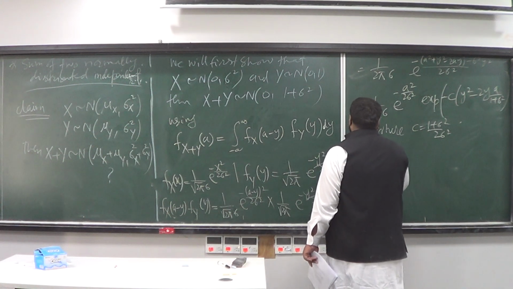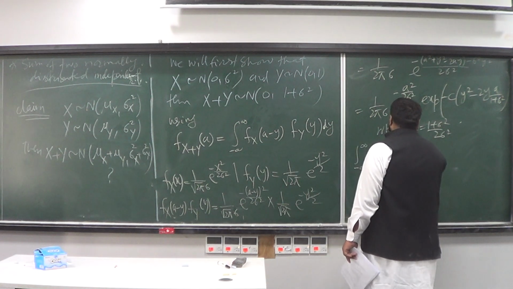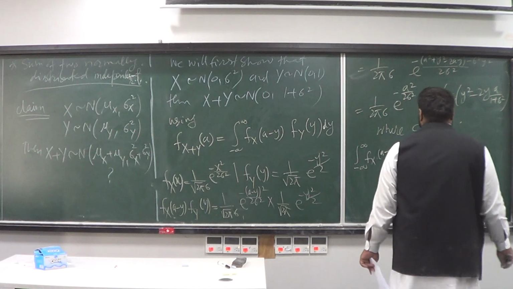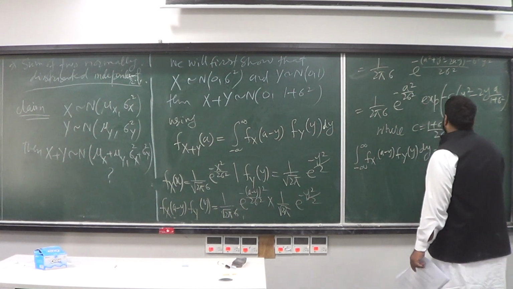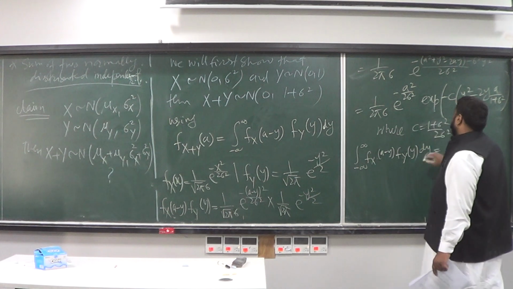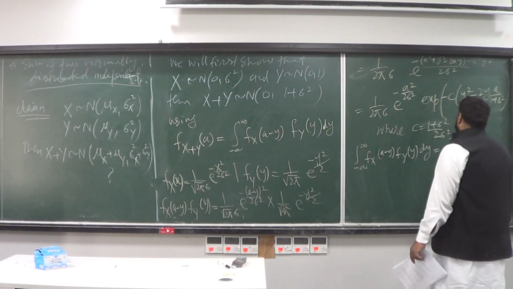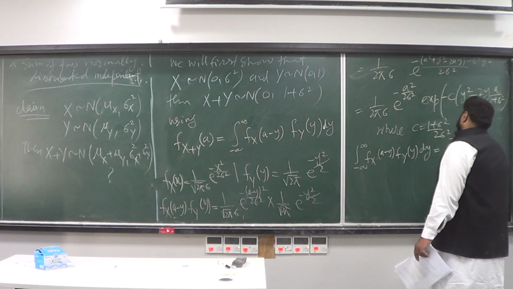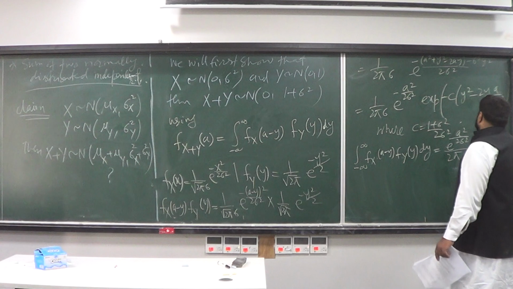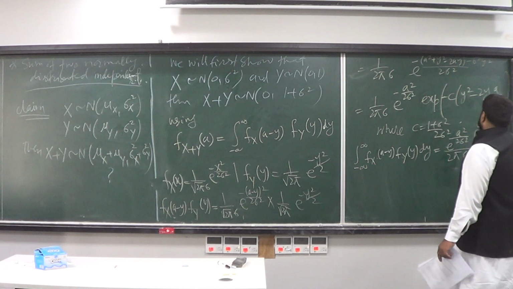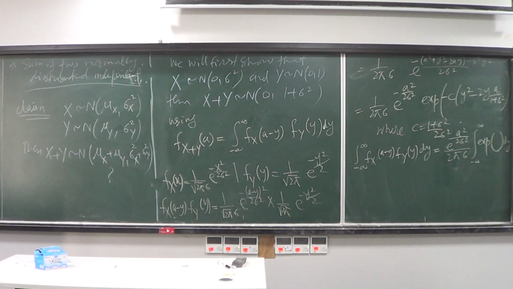This f_X of a minus y and f_Y of y dy, and then the integral of, so this would be outside, e to the minus a square over 2 sigma square, over 2 pi sigma, times the integral from minus infinity to infinity of the exponential of whatever is written here dy. This is what we're going to get.